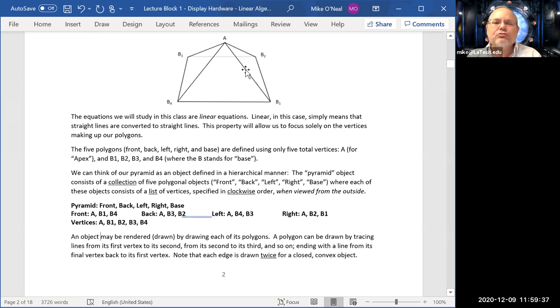But this edge is going to be drawn again when I draw the right side. And this edge is going to be drawn again when I draw the left side. And this edge is going to be drawn again when I draw the base. So every edge is actually drawn twice, which is doubling your amount of work.